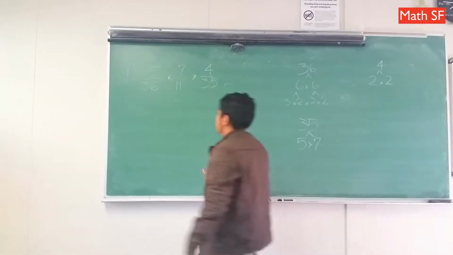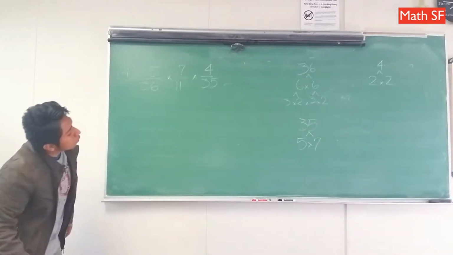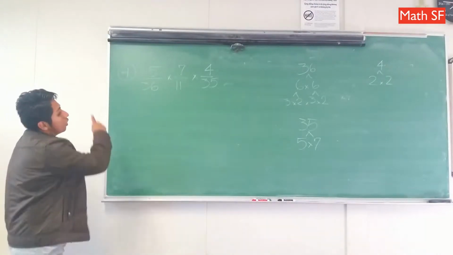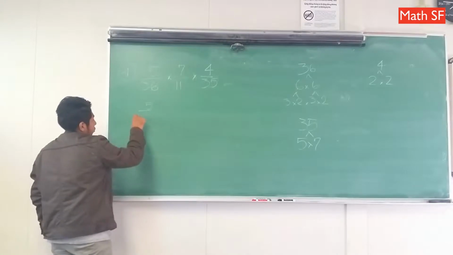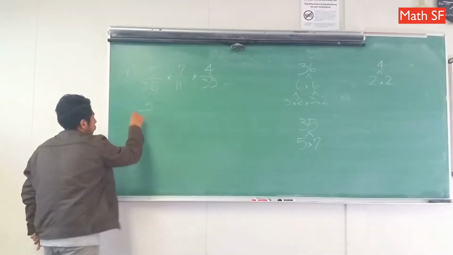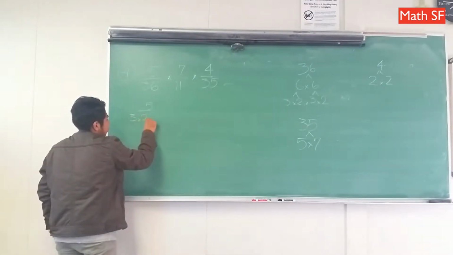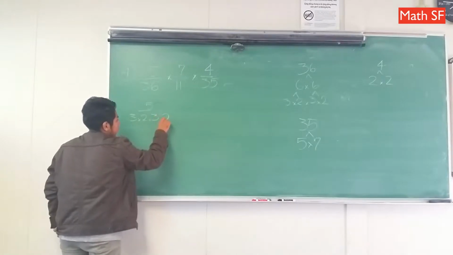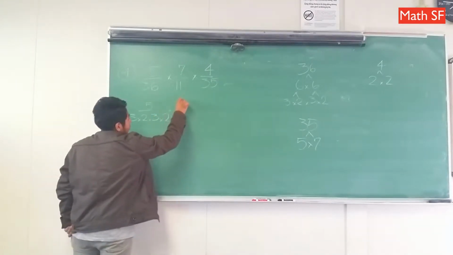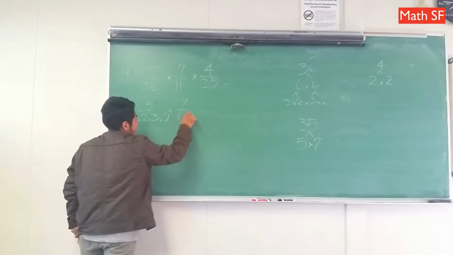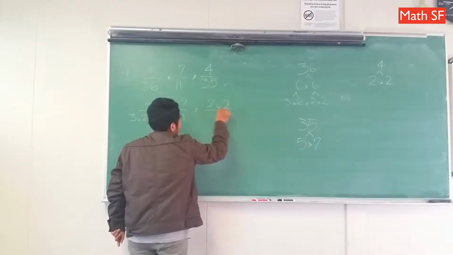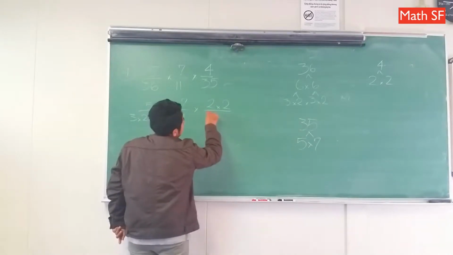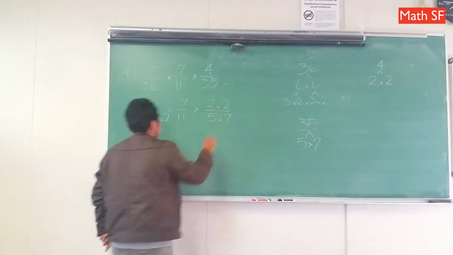Therefore, we must rewrite each fraction with their prime factorization. So 5 over 36, which is 3 times 2 times 3 times 2, times 7 over 11, times 2 times 2 over 5 times 7.